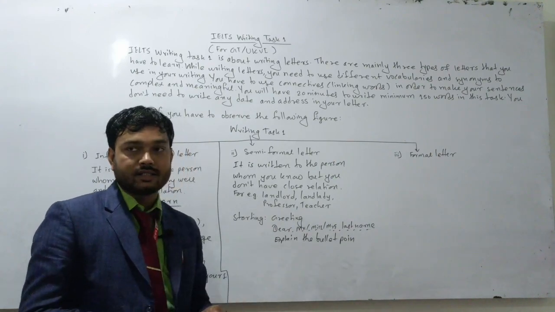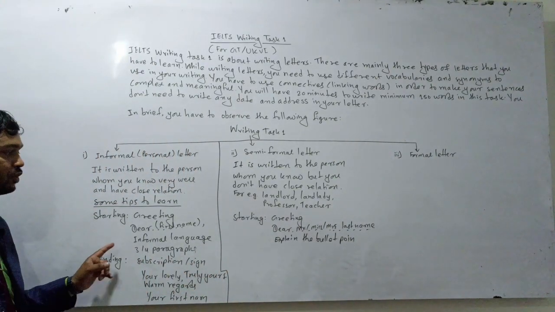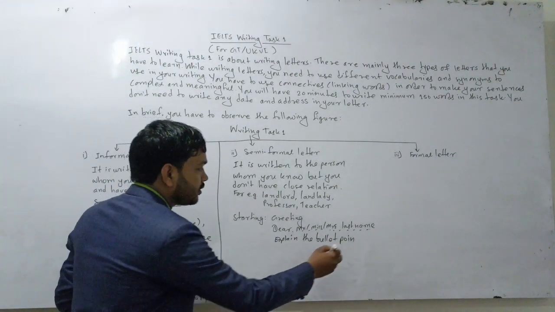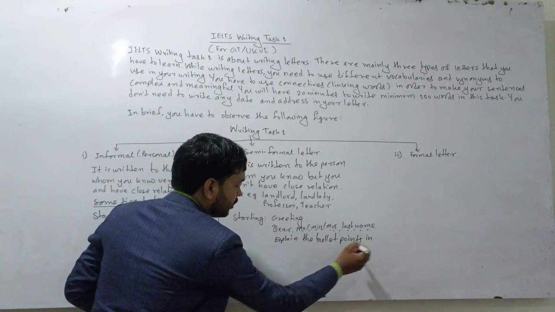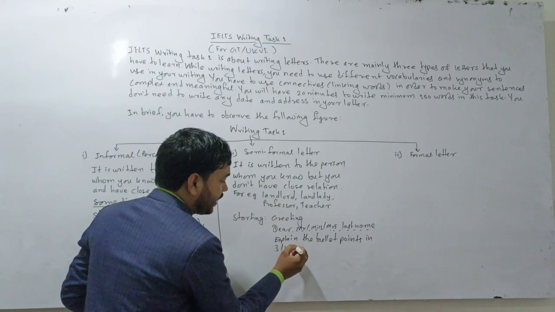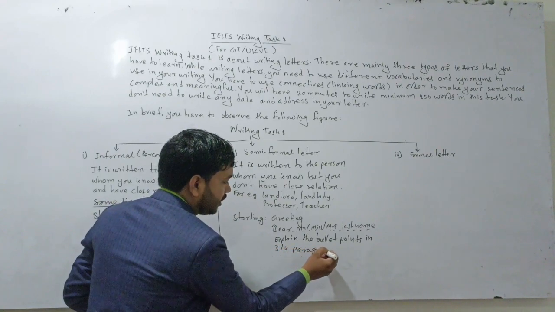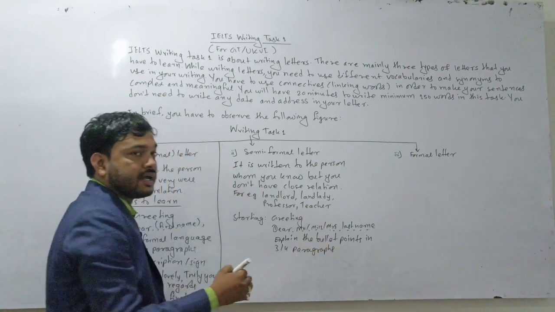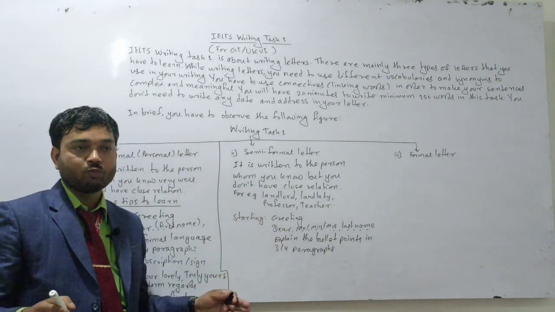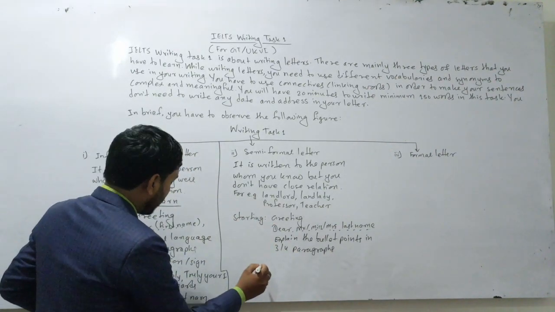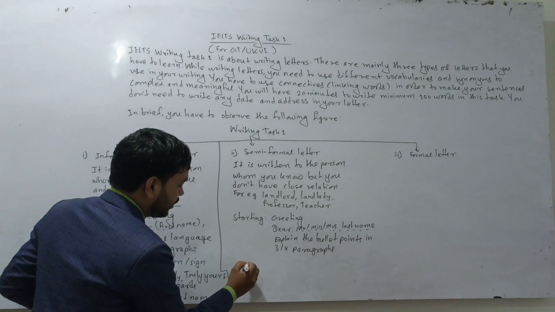Explain the bullet points. Here also bullet points come, and you should explain the bullet points in 3 or 4 paragraphs. Remember, all these paragraphs I will teach you in my next part also. And how do you go for ending?